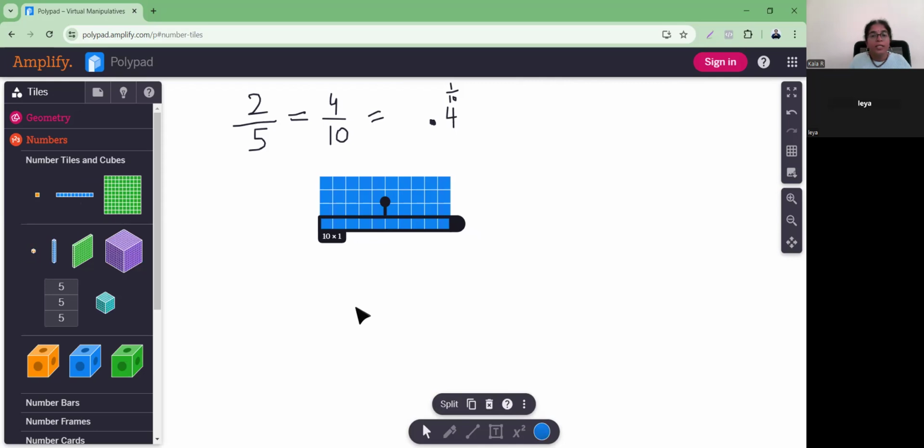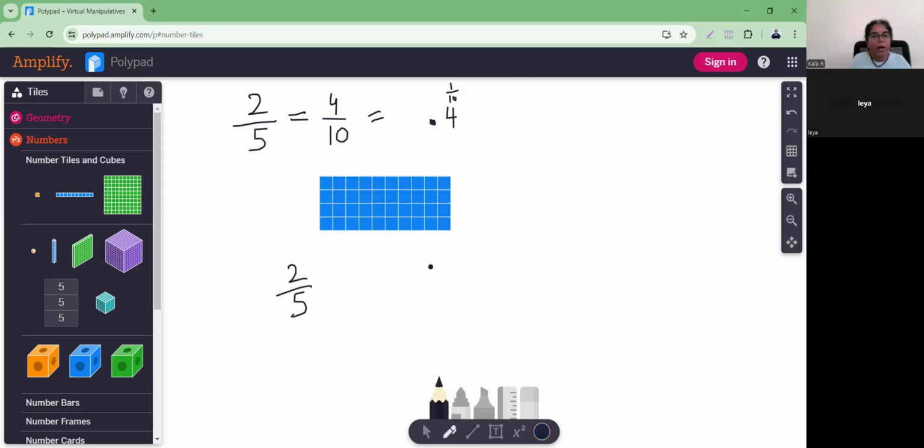So this same 2/5 can be made into a decimal called 0.4. We're just using the concept of equivalent fraction. This is one way that we can convert any fraction into a decimal.